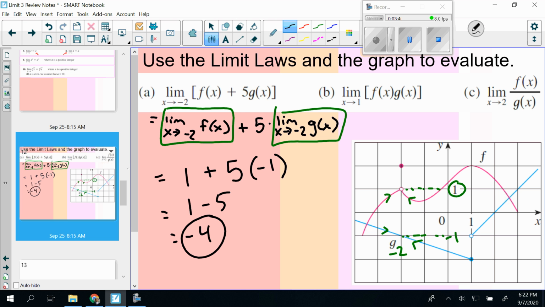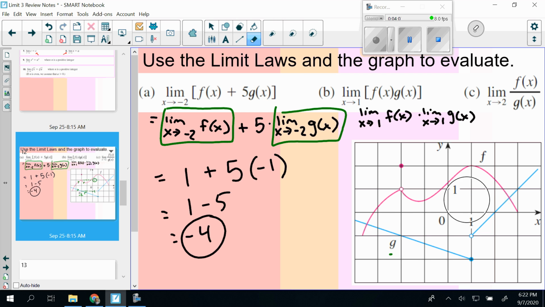For b, we can do something similar here. We should be able to split this up as the limit as we approach 1 of f times the limit as we approach 1 of g. If we find these limits and multiply the values together, we can find that.